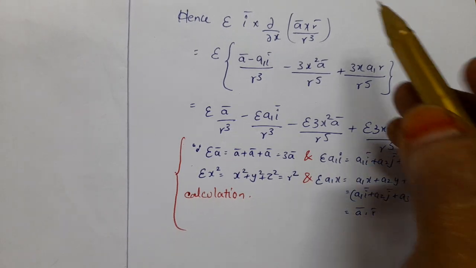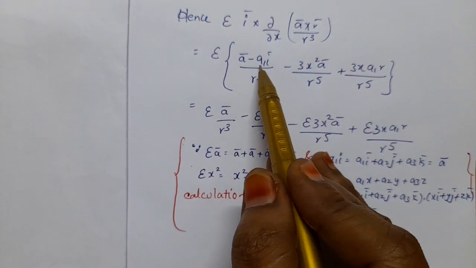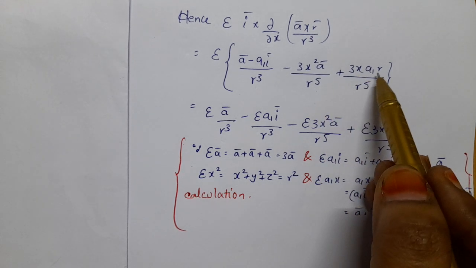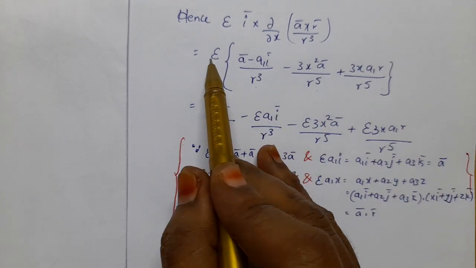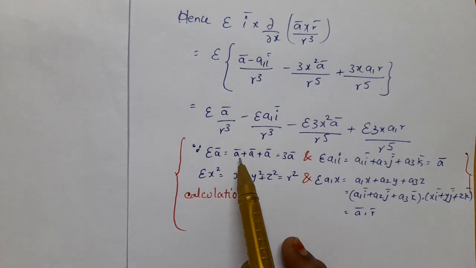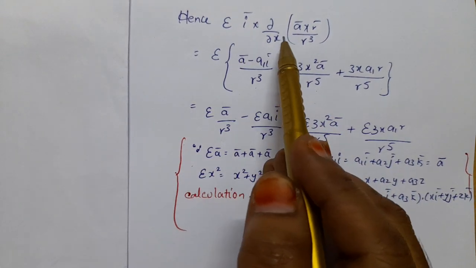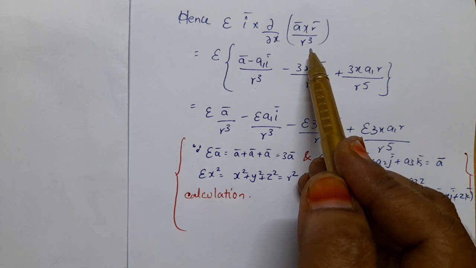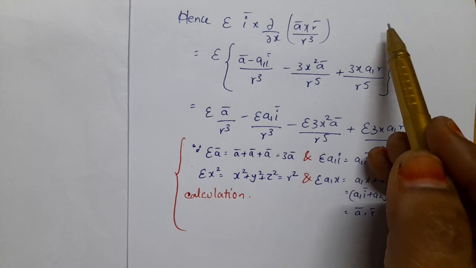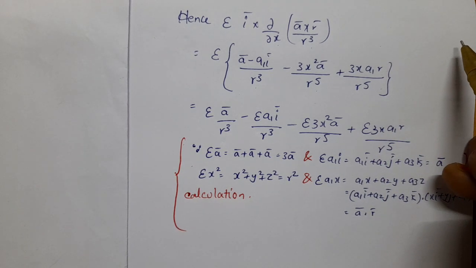Now we are applying sigma notation to this calculation. So sigma a bar minus a1 i by r cube minus 3x square a bar by r power 5 plus 3x a1 r by r power 5. Apply sigma notation to each term. Sigma a bar: from 1 to 3, we are taking the sigma notation to I cross dou by dou x of a bar cross r bar by r cube plus j cross dou by dou y of a bar cross r bar by r cube plus k cross dou by dou z of a bar cross r bar by r cube.